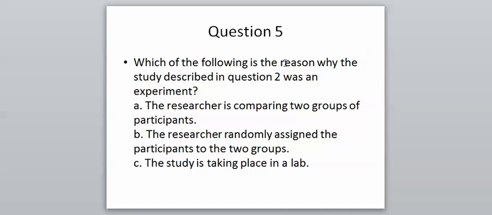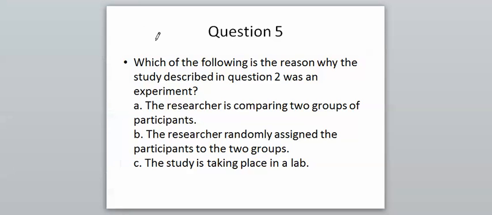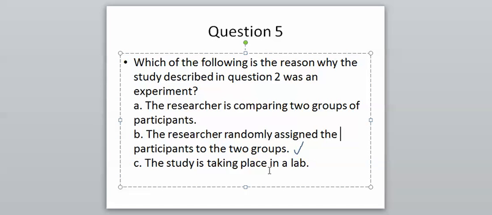So why was it an experiment? It was an experiment because we were randomly assigning people to groups. Just because a study takes place in a lab doesn't make it an experiment, because you could have people come into a lab and just fill out a questionnaire without any manipulation.